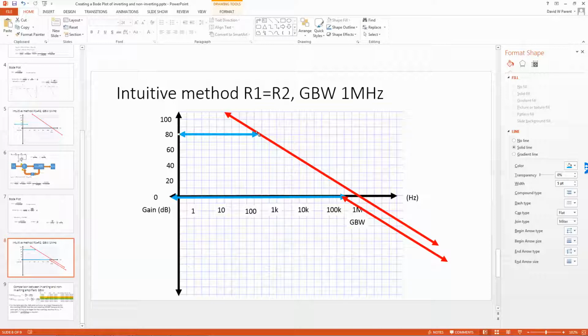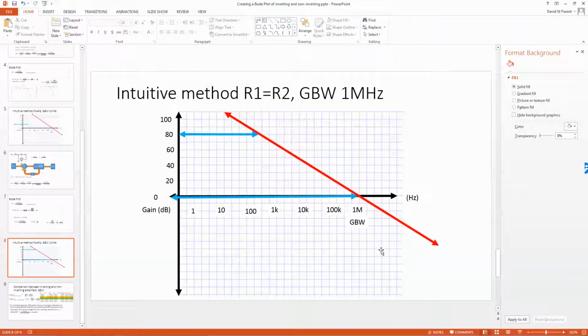And so I tend just to draw it like this, where you'd have 20, 40, 60. I hope that helps.